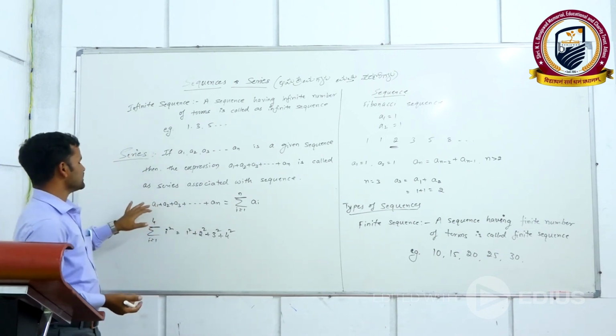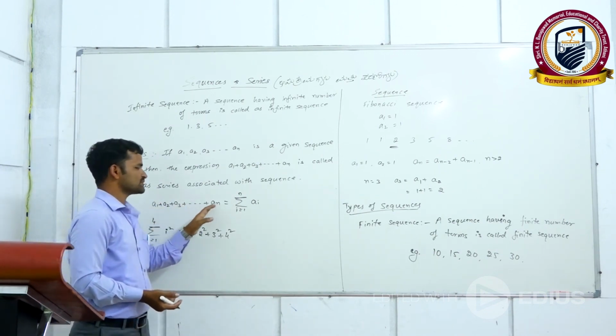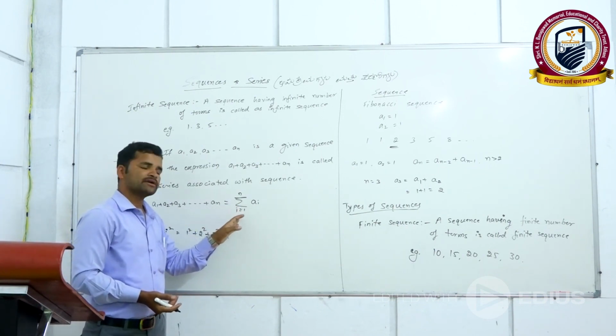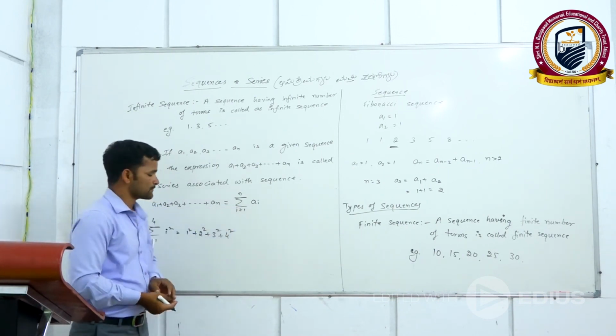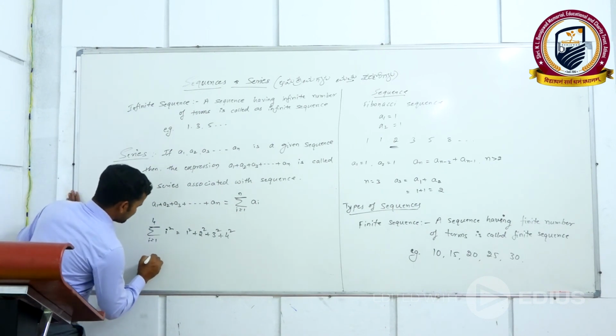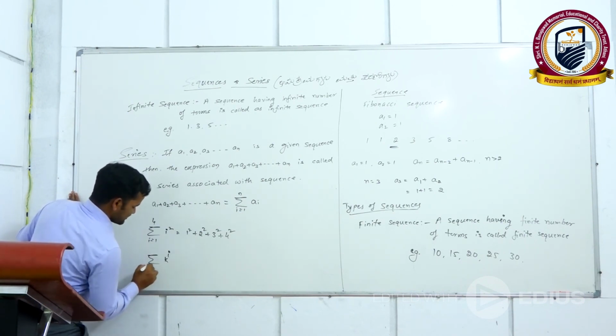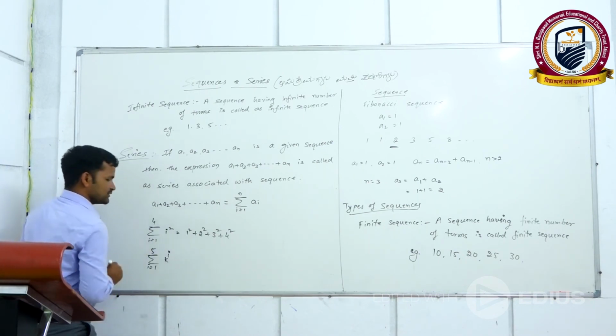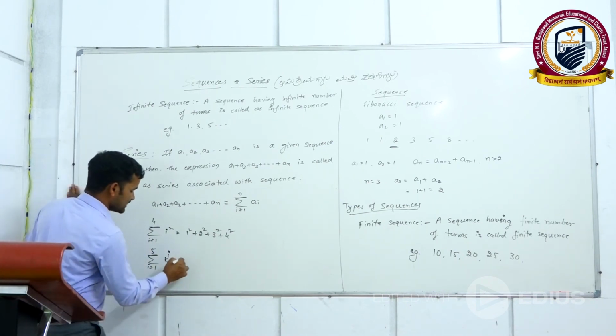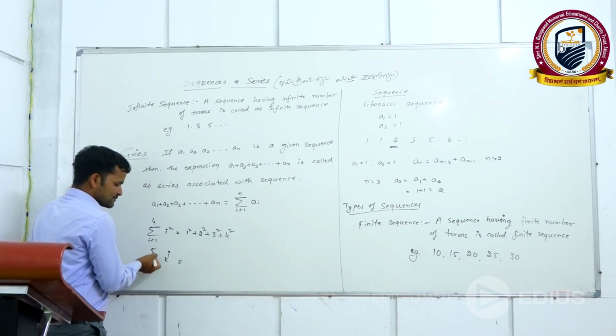In the same way, here a1 plus a2 plus a3 so on up to an we have written using the summation symbol. Let me take another example for summation. Summation of k raised to i, where i varies from 1 to 5. What does it mean? It means that i is taking the values from 1 to 5.